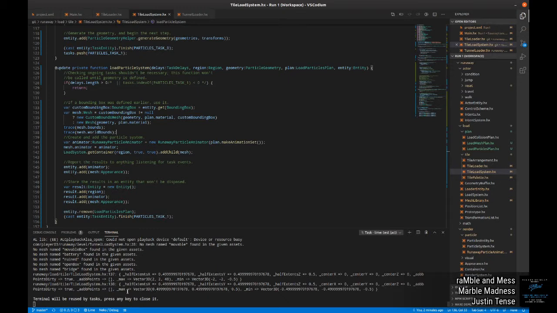And in the world boundaries, the maximum is not 48, it's 0.5, which is half a tile. That makes sense, but it means that it's ignoring my 48. I want it to go all the way down the tunnel, and instead it's going half a tile down the tunnel. And so the tunnel instantly vanishes. Not ideal.